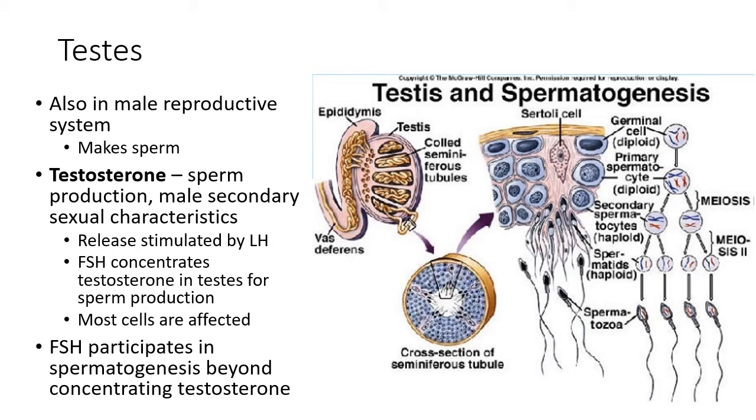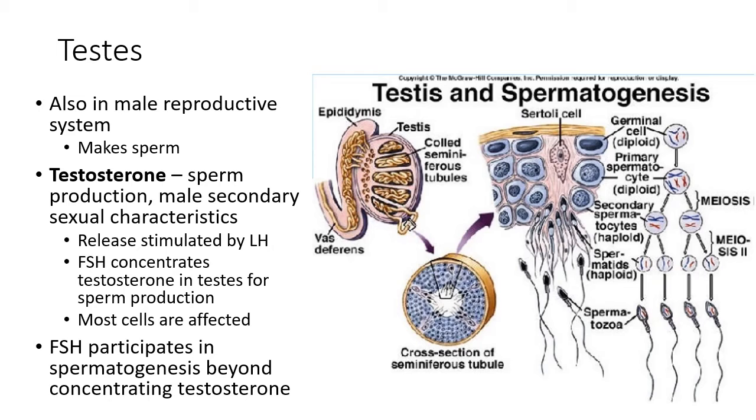FSH is important in sperm production because it causes testosterone to be concentrated in the testes. Testosterone needs to have a high concentration in the testes for sperm to actually be produced, and it won't reach that concentration if you don't have the FSH. So FSH isn't involved in releasing testosterone, but it is very important for the function of testosterone.